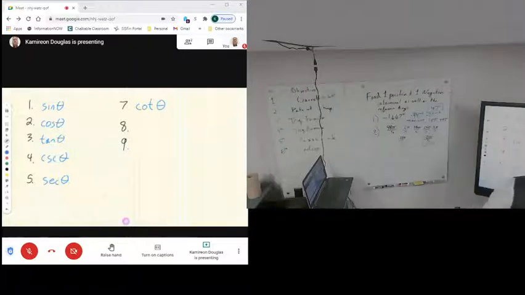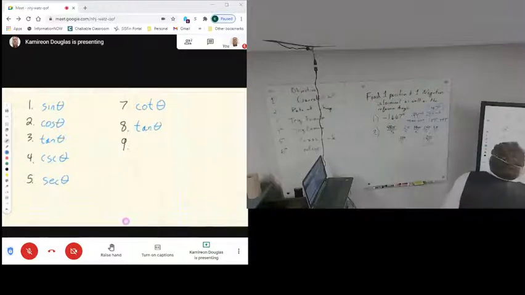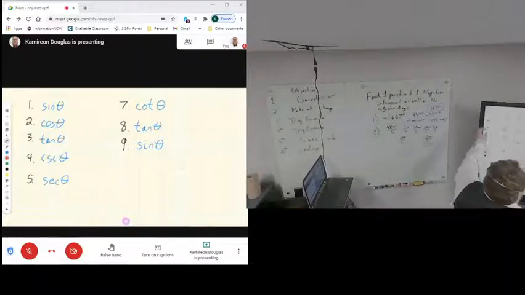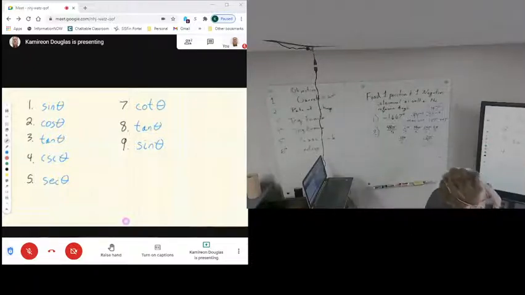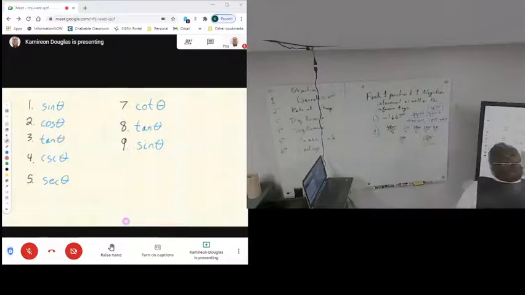Let's do one tangent problem and one sine problem. Okay, let's put the numbers up here. Try to keep the first couple nice. Sine, let's make it feel nice. 4 over 5.